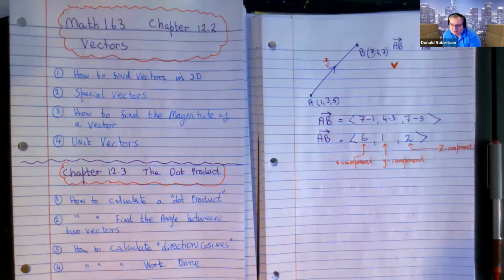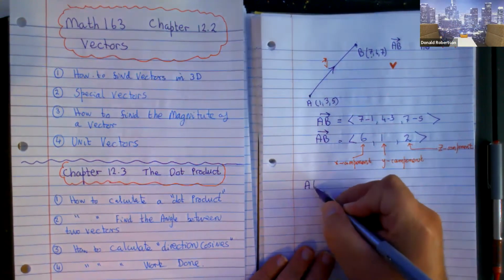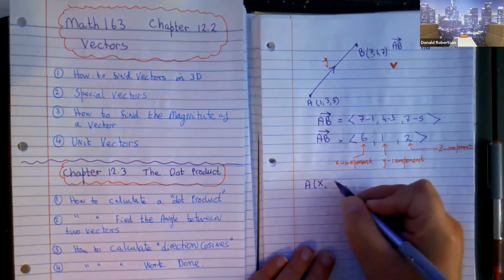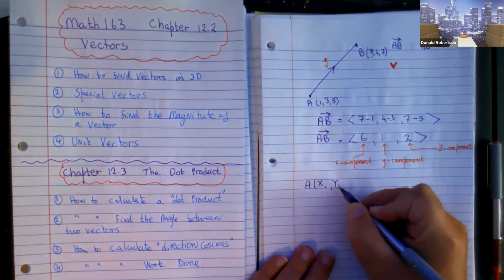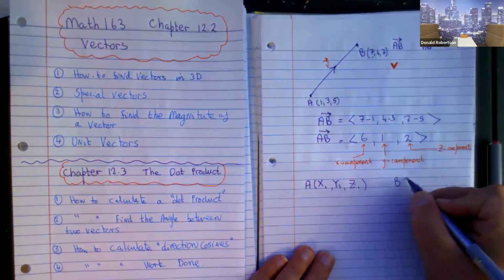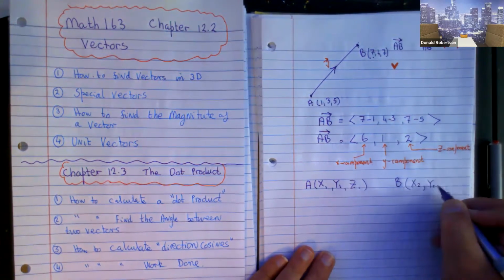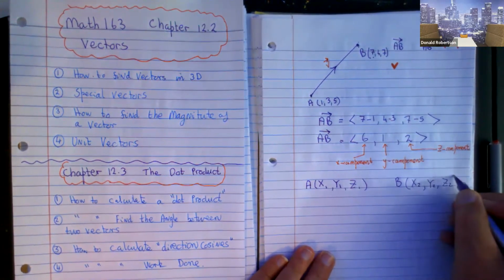Okay, that's it. 3 components, X, Y, and Z. So let's generalize it. Suppose I have a point in 3D space with coordinates x1, y1, z1, and I have another point B, and its coordinates are x2, y2, z2.